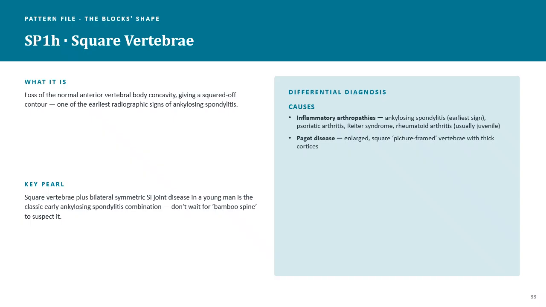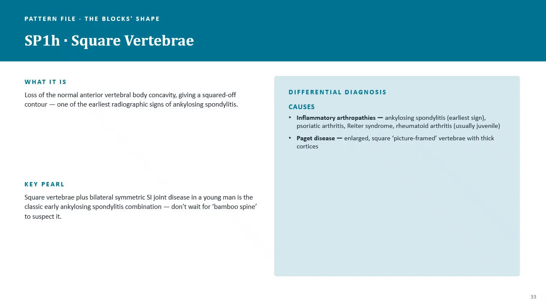It commonly begins somewhere around the SI joint, the sacroiliac joint. So if we see a squared vertebrae along with bilateral symmetric changes in that SI joint area, the radiologist or doctor probably starts to put ankylosing spondylitis really high on the list for the cause.